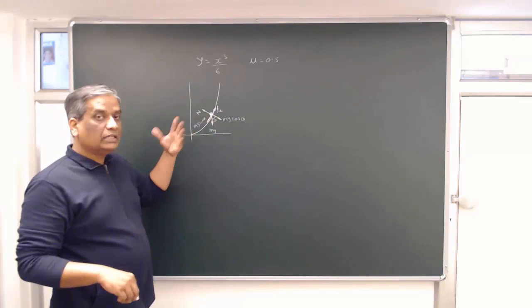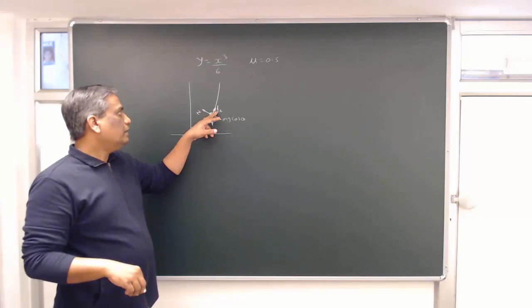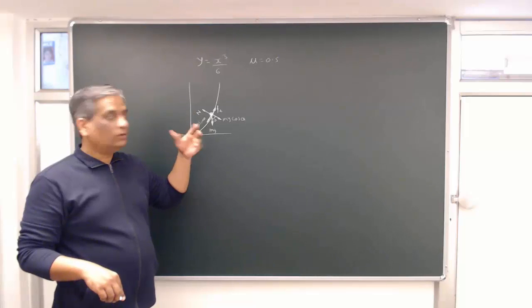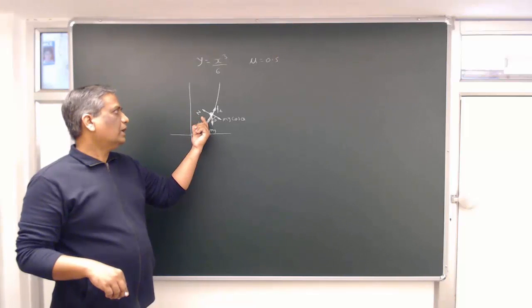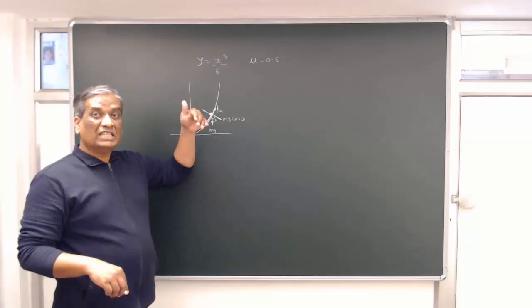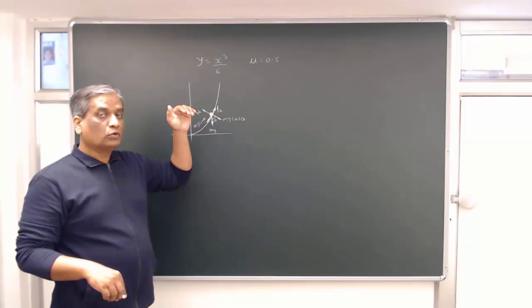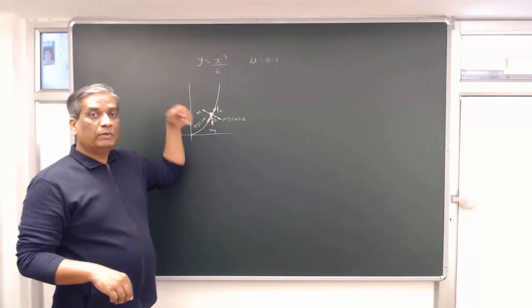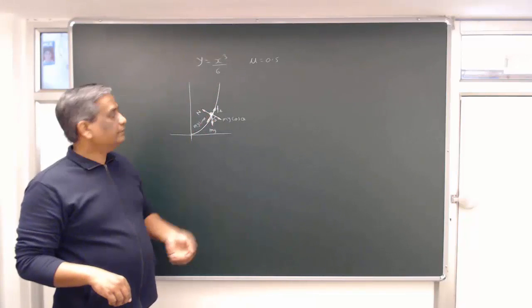So mg sin theta is going to increase, and at some location, as you know, the frictional force has a limiting value. So if this mg sin theta is equal to the frictional force, which reaches a limiting value, the block cannot be placed any further on that, right?